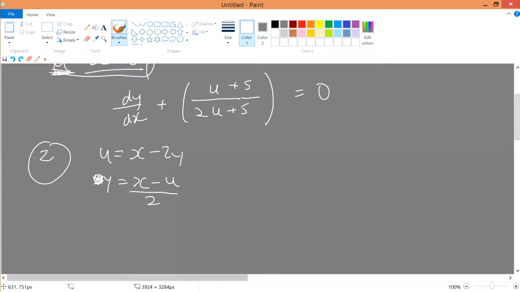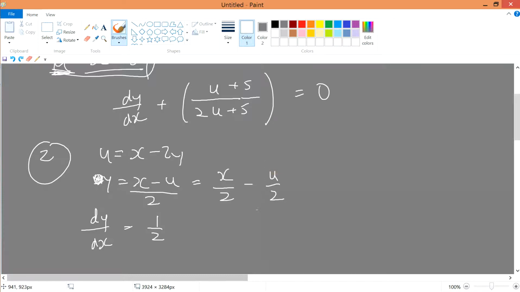So if it's dy/dx, what I have is x over 2. If you differentiate half x, you get half. And then minus u over 2.